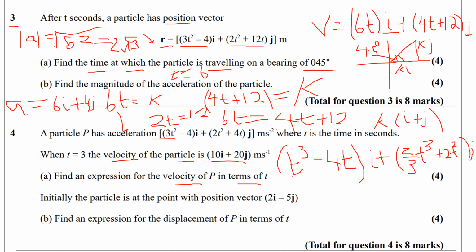We have 3 cubed, that'll be 27. 27 minus 12 will be 15i, plus 2/3 of 3 cubed: 3 cubed is 27, a third of that is 9, so 18. 18 plus 2 times 3 squared, which is 18, so we have 36j.